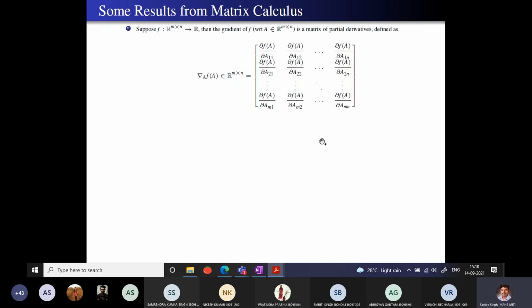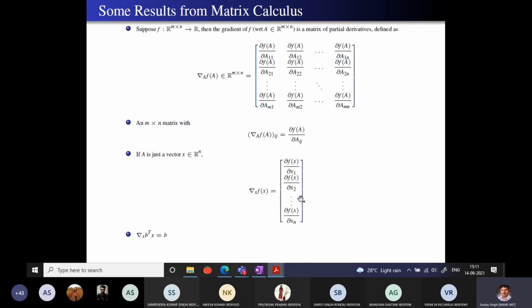Just hold on for some time, I'll tell you where and how to use it. If A is an m cross n matrix, the ijth element is nothing but dou f by dou aij. But if x is an n-dimensional vector, then it is dou f by dou x1, dou f by dou x2, etc. It means that ultimately we differentiate with respect to each element of the x vector.